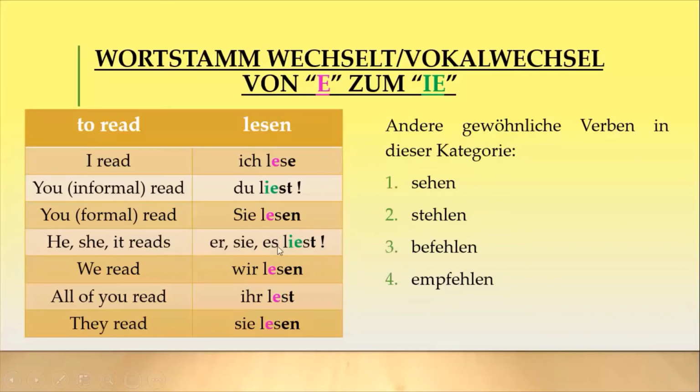And note that the third person singular form of conjugation is similar to the second person singular form of conjugation for all the irregular verbs. We read, wir lesen. All of you read, ihr lest. They read, sie lesen.